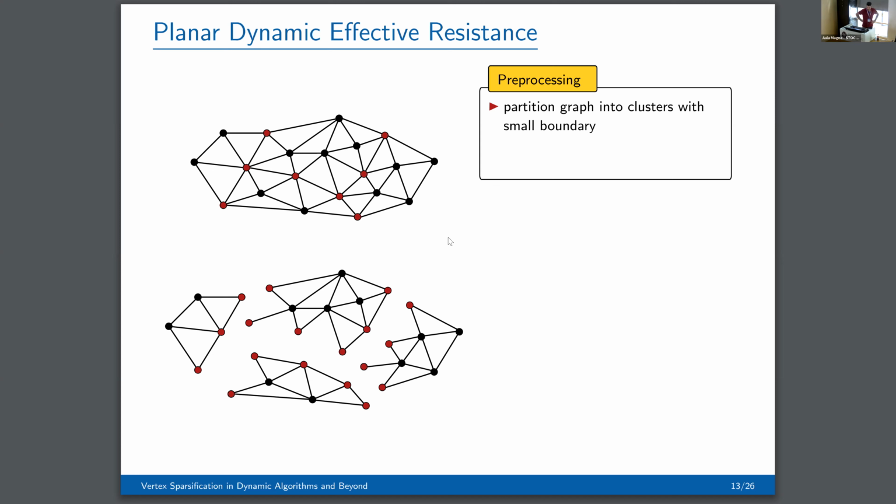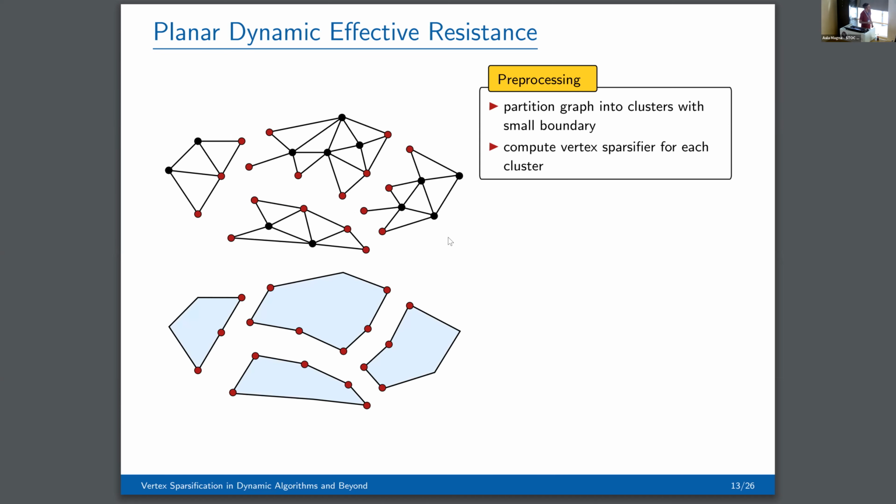What we want to do is construct sparse equivalents of these clusters only onto the boundary vertices. Because the boundary is small, we want to construct a graph only on the boundary, and we will do this using the King-Sachdeva spectral vertex Sparsifier. So these graphs are just lying on the boundary vertices.